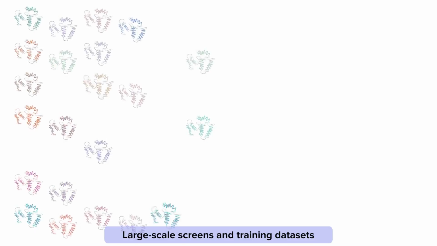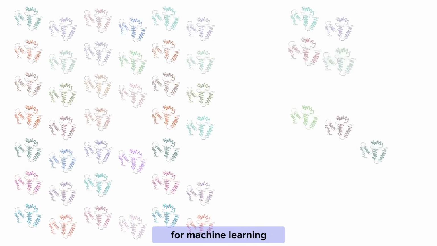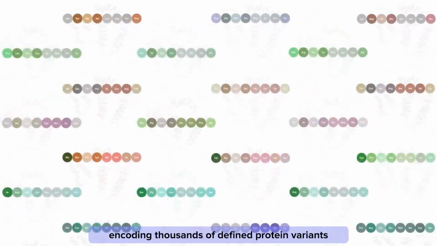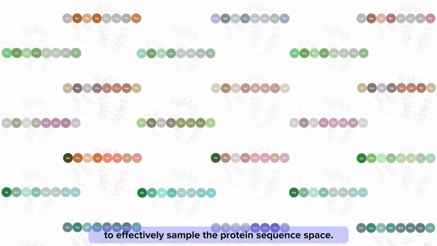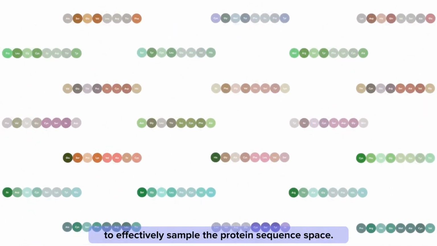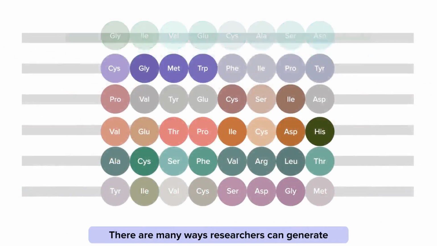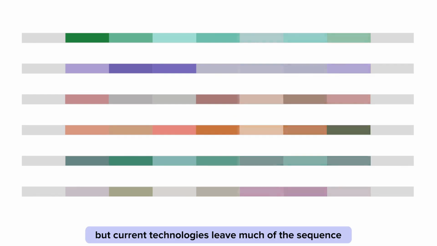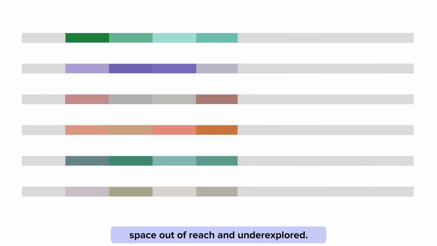Large-scale screens and training datasets for machine learning require pools of DNA, encoding thousands of defined protein variants to effectively sample the protein sequence space. There are many ways that researchers can generate their screening libraries, but current technologies leave much of the sequence space out of reach and underexplored.